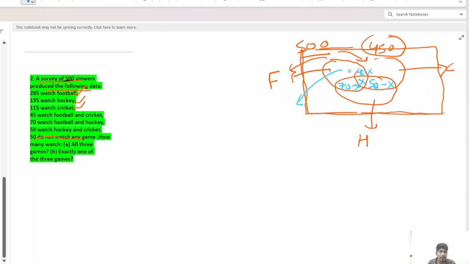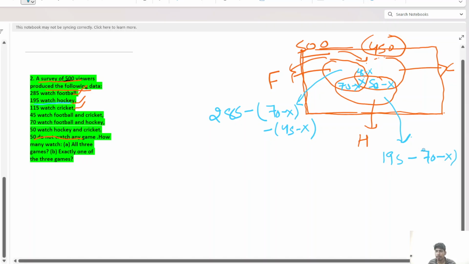For football only, 285 watch football, so this region is 285 minus (70 minus x) minus (45 minus x). For hockey, 195 watch hockey, so it is 195 minus (70 minus x) minus (50 minus x).